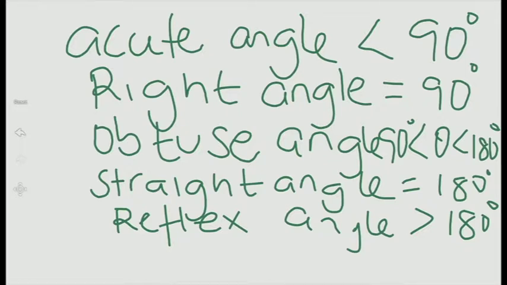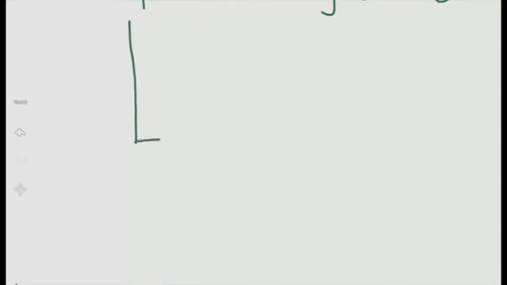Now, we've heard of SOH CAH TOA, the sine, the cosine, and the tangent from a right-angled triangle. If I have a triangle, let's draw this one, triangle A, B, C, and this is a right angle.